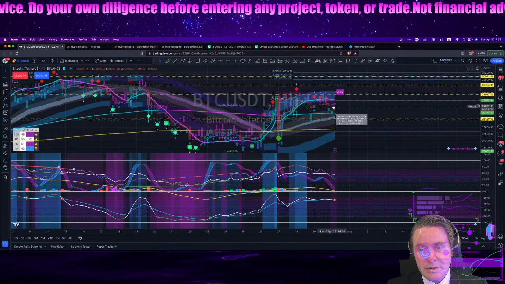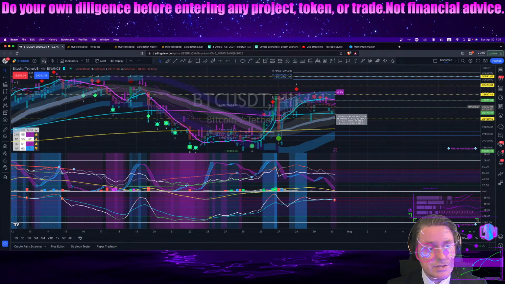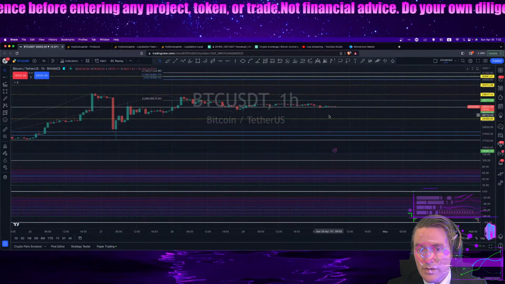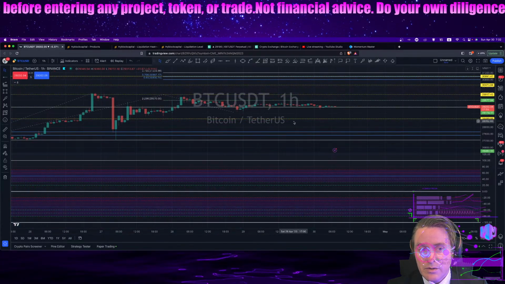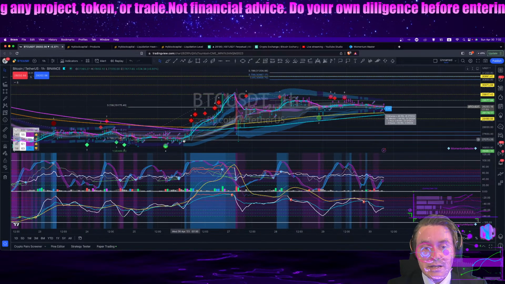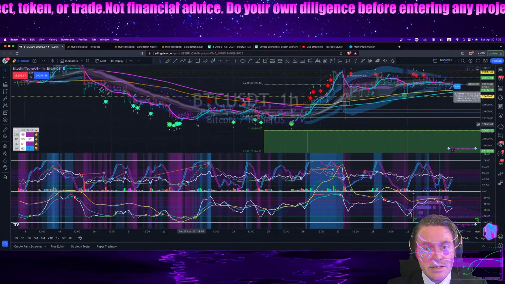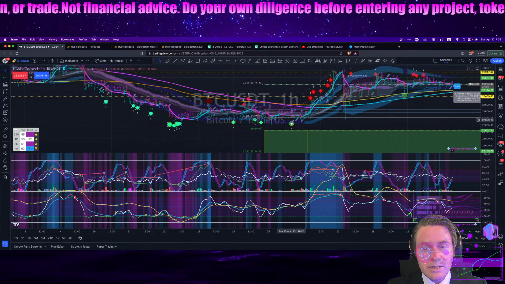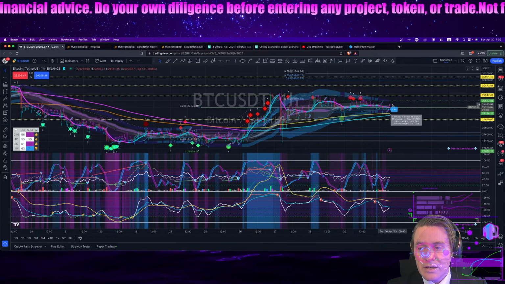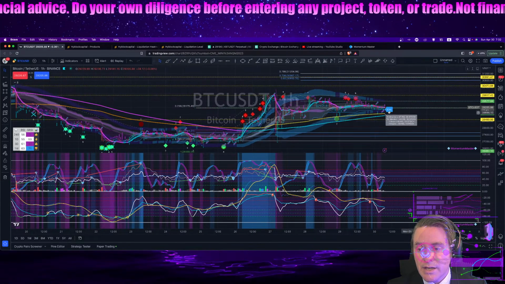So it's not necessarily the entry point just yet. You want to get ideally 4 or 5 time frames in alignment with everything, with all the stars aligning, and even then it's not a guarantee, but you get these things where it's all aligned up and then they start to play out. So we're not in that alignment just yet for a long.